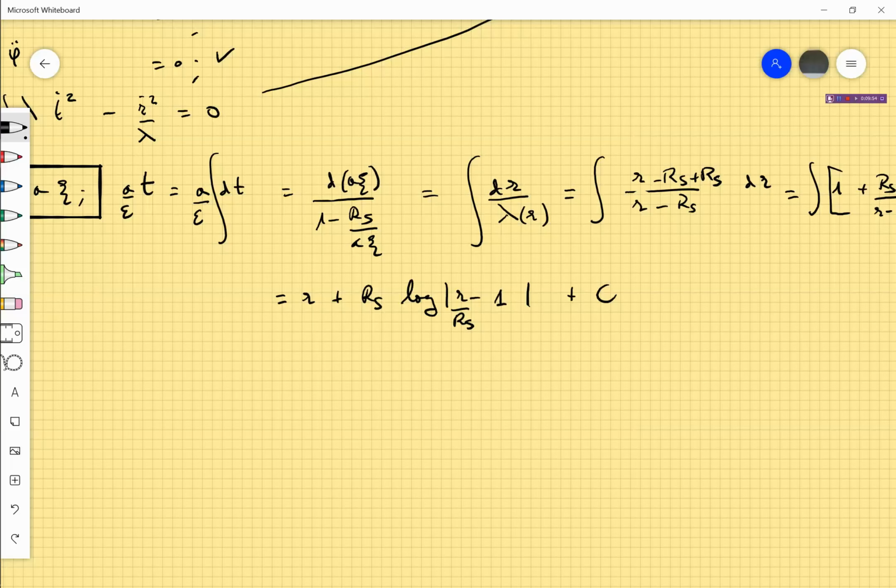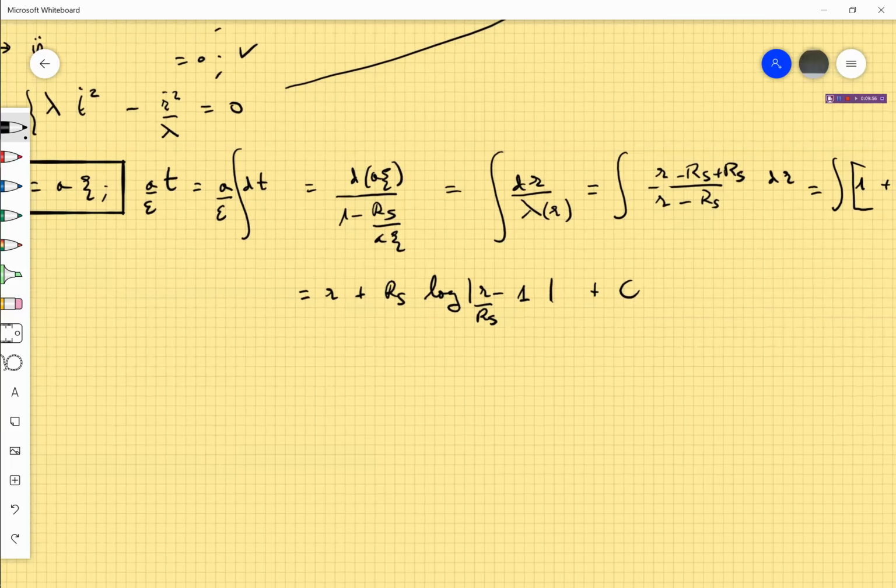Let me just say a few things about this solution. This combination is usually called the tortoise coordinate, and it is denoted by r star.